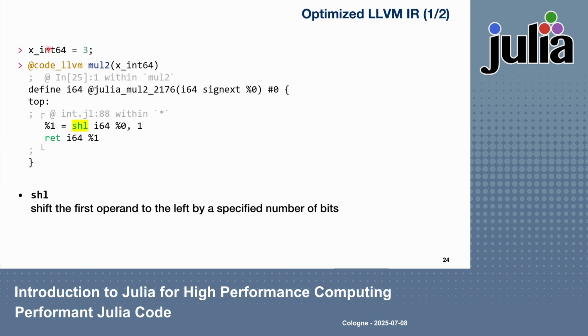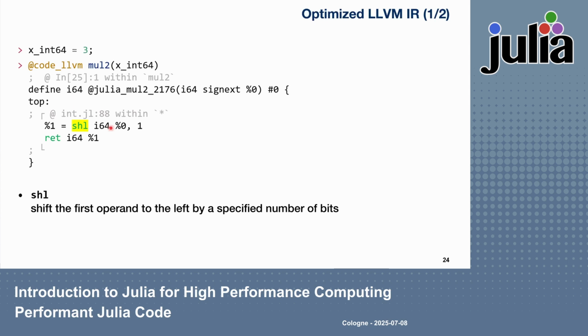Let's say x is a 64-bit integer, here it's 3, and then after doing those high-level processes, generating the type inferred Julia code or Julia IR, LLVM will optimize the code to generate this instruction, SHL, whatever, on a 64-bit integer.